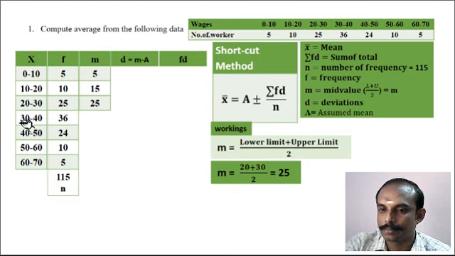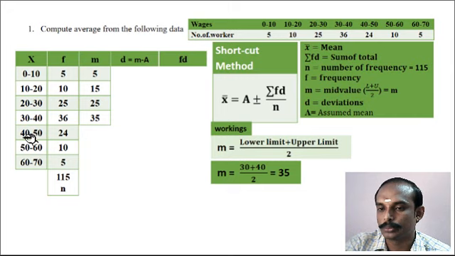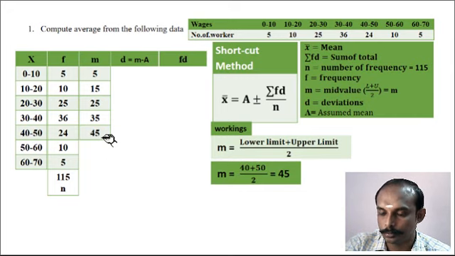Next class interval 30 to 40: 30 plus 40 divided by 2, therefore 35 as the midpoint. For 40 to 50: 40 plus 50 divided by 2, therefore 45.